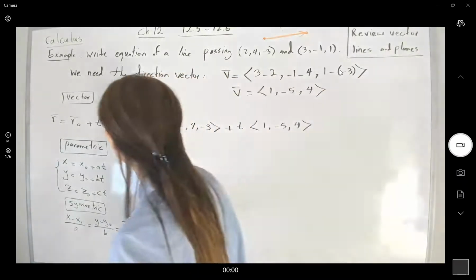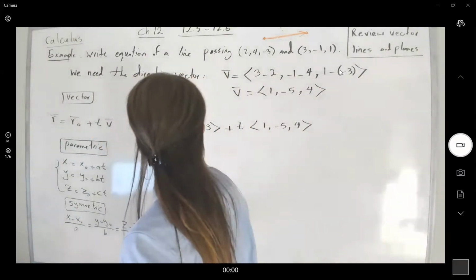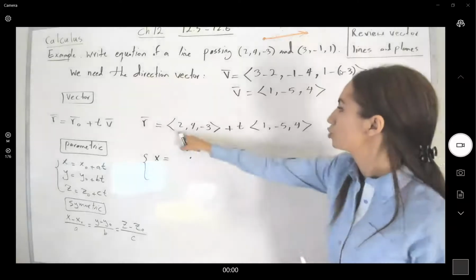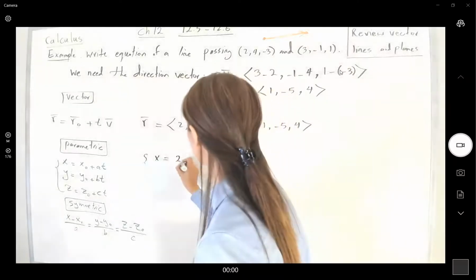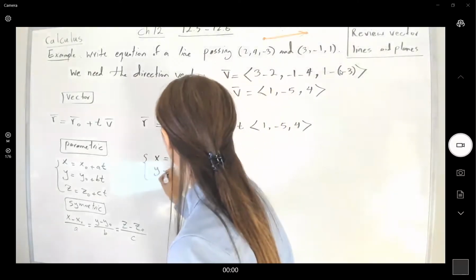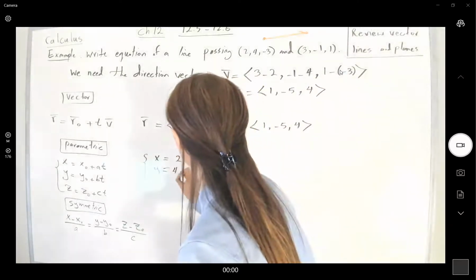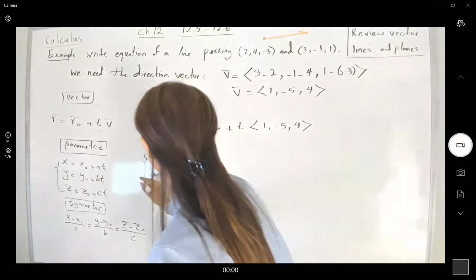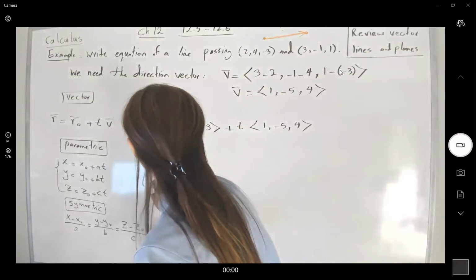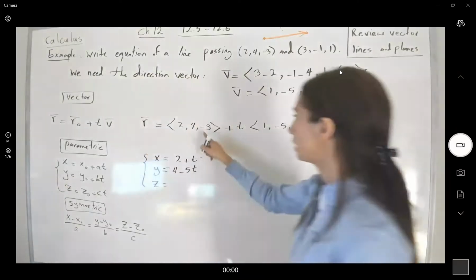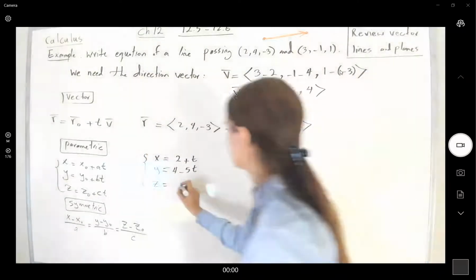Then the parametric equations: x equals 2 plus t, y is going to be 4 minus 5t, and z is equal to negative 3 plus 4t.